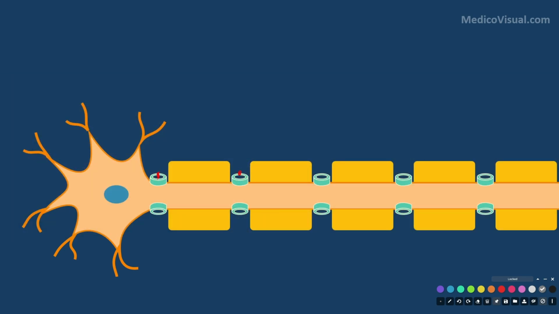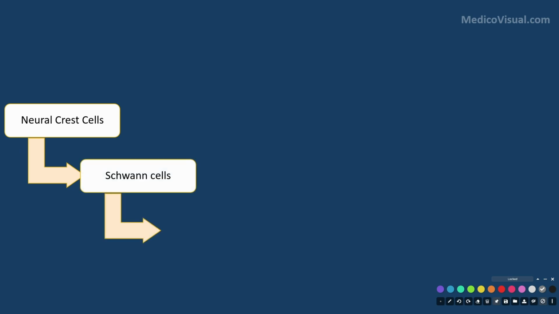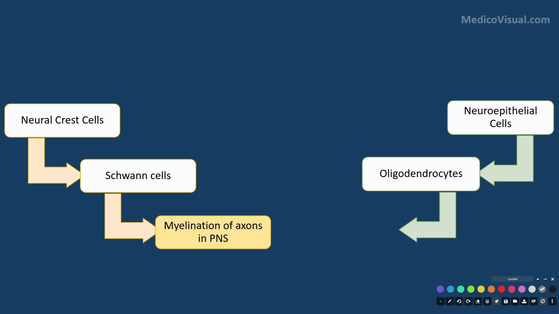Now in embryology, we want to understand how the myelination of nerve fibers occurs. Basically we have the neural crest cells. They will form the Schwann cells, and Schwann cells will myelinate the axons of the peripheral nervous system. In the central nervous system, we have neuroepithelial cells which will form the radial glial cells, and those will form oligodendrocytes.